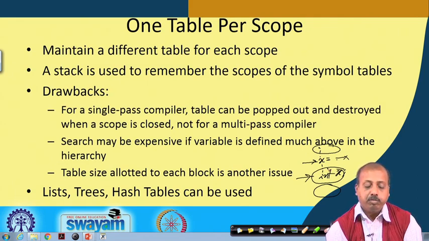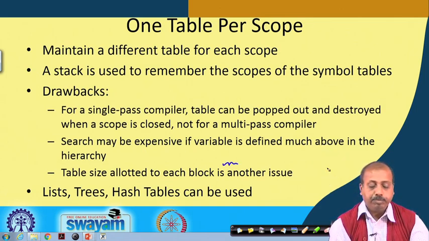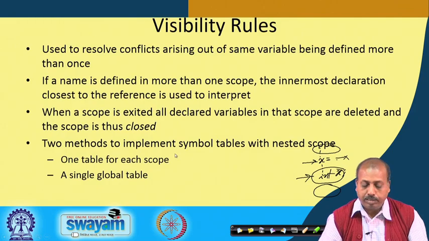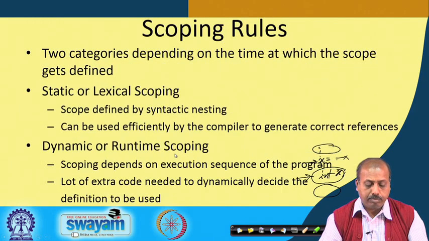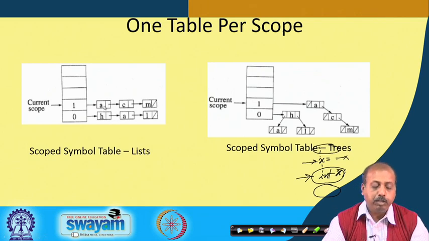Because now a number of tables are to be searched. Like you see in this table, say in this table, if you are looking for, say, the symbol h, okay, then first it will look into the current scope.